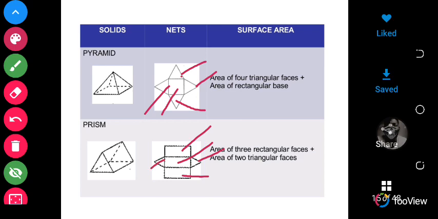Then you add them all together to get the total surface area of the prism or pyramid. Surface area is just the area of all the surfaces around the prism, so when you calculate the area of the individual shapes, you add them together.